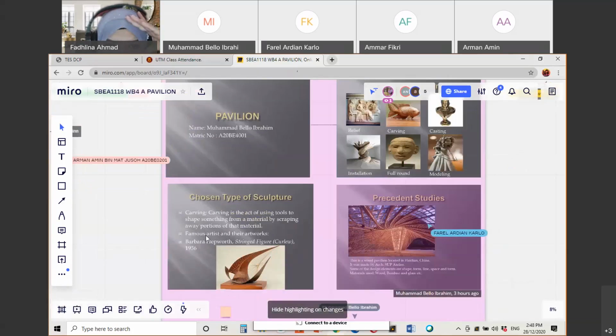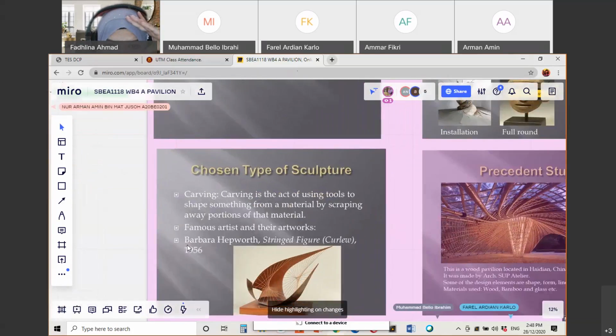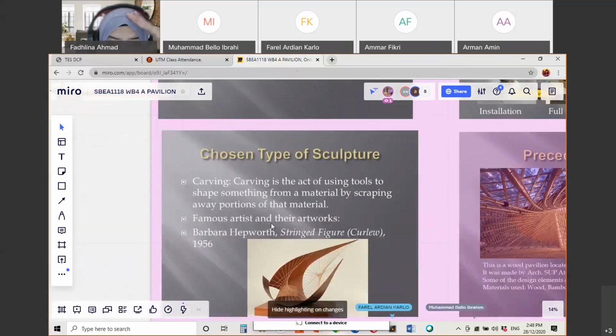My chosen type of sculpture is the carving sculpture. Carving is the act of using tools to shape something from a material by scraping away portions of the material. The main item used for scraping away the portions is the chisel.